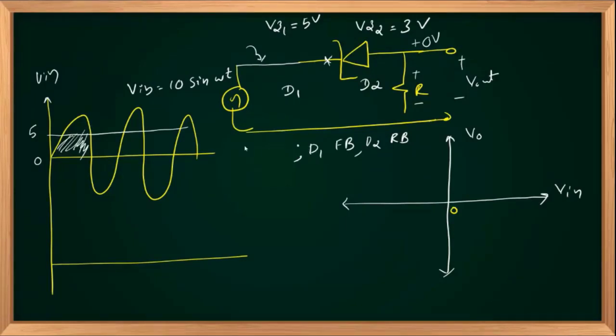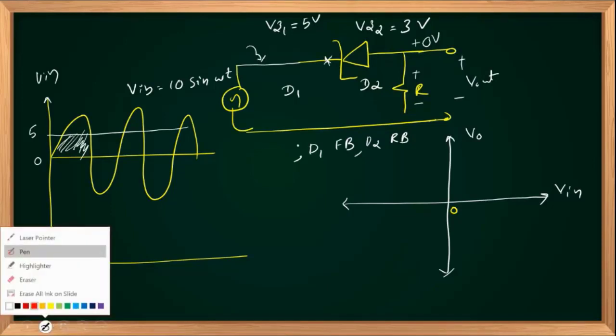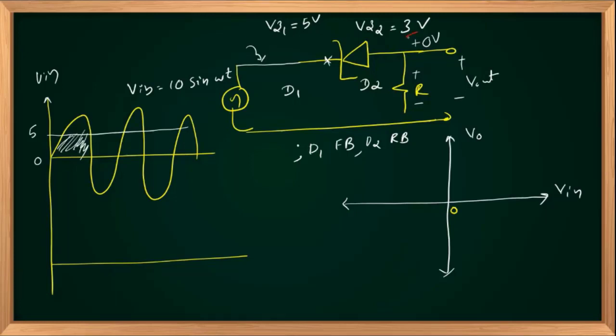Sorry, it is 3 volts, correct answer, sorry. We said D2 was 3 volts. Then if V in is greater than 0 and less than 3 volts, that is correct, 3 volts.